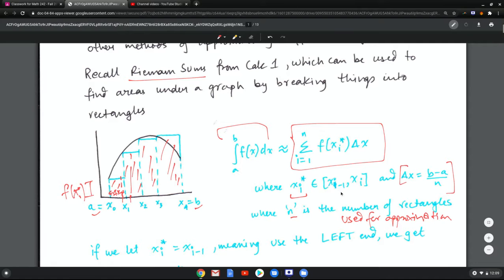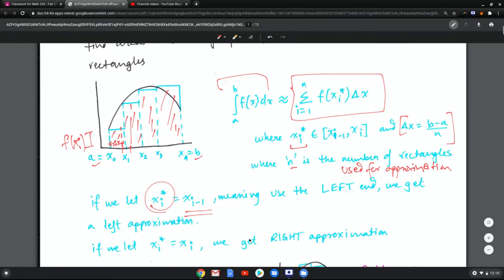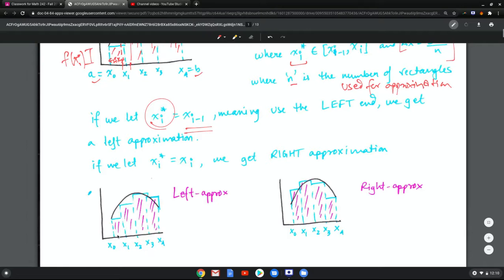Now here we can make some arbitrary choices. Instead of taking any sample point, let's take the left point, which is what I've done here, and that's called the left approximation. Similarly, if I take the right point, we get the right approximation. Here, the right point is giving you the height for each rectangle, and that's why it's a right approximation.